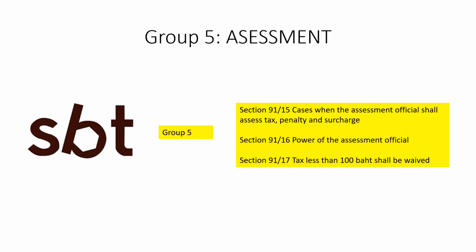Section 91/15 is a provision regarding a case where the assessment official shall assess tax, penalty and surcharge. 91/16 is about the power of the assessment officer to require additional documents from the taxpayer. And Section 91/17 is about the case where the SPT is less than 100 baht. This provision will be waived for the taxpayer, but it's just 100 baht. It should be more than this.